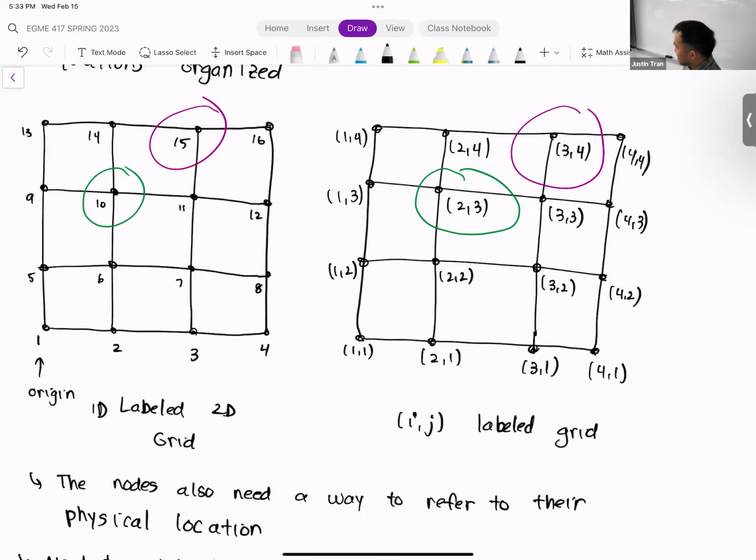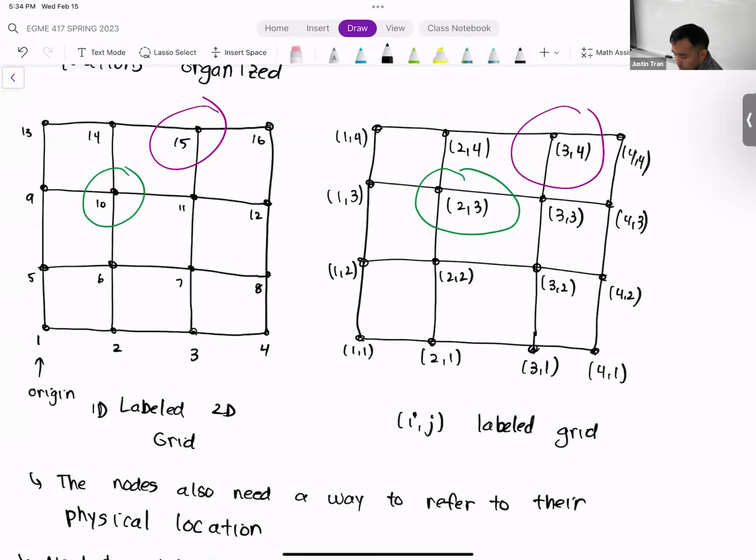We need this version because eventually we're going to be solving a linear system of equations, a matrix set where we have one equation per node in the grid. For this particular example, we would need 16 equations. So that we can keep track of which equations we're looking at and which unknowns we're working with, we need this ID number set.